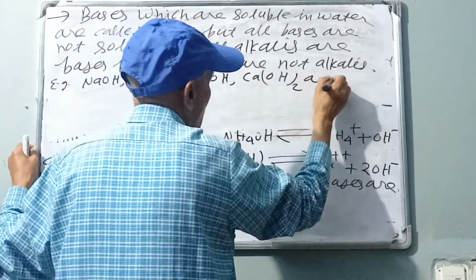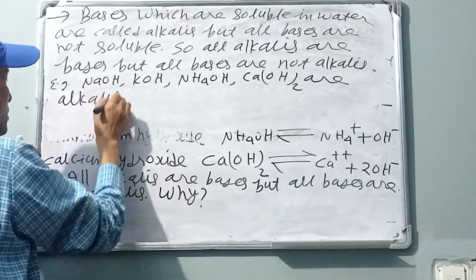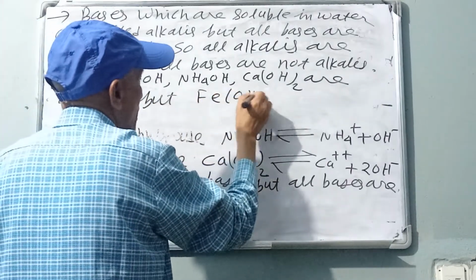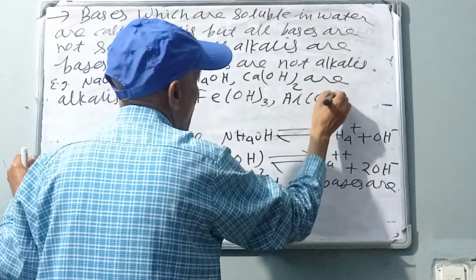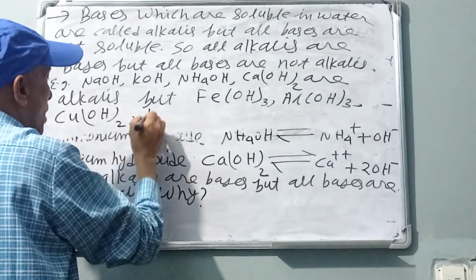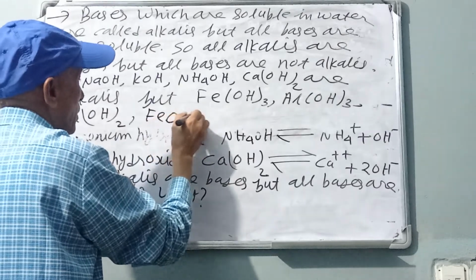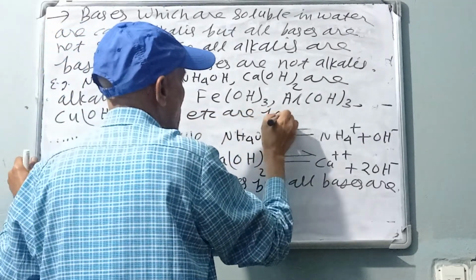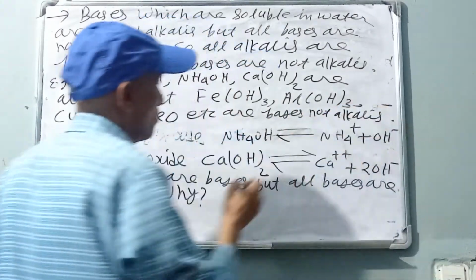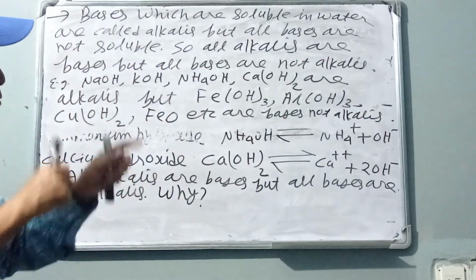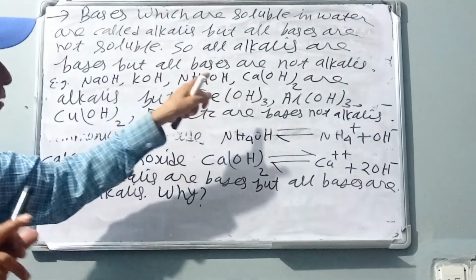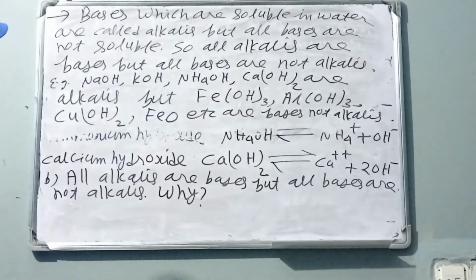They are alkalis because they are soluble, but some are insoluble, like ferric hydroxide, aluminum hydroxide, copper hydroxide, iron oxide, etc. They are bases, not alkalis. If it dissolves in water and gives hydroxide ion, it is an alkali; if not, it is a base, not an alkali. So all alkalis are bases, but all bases are not alkalis.